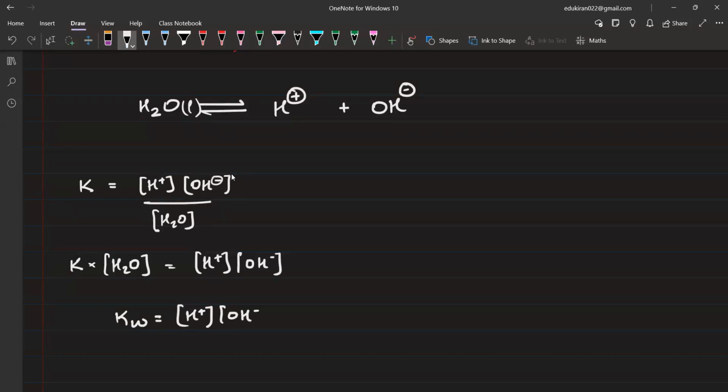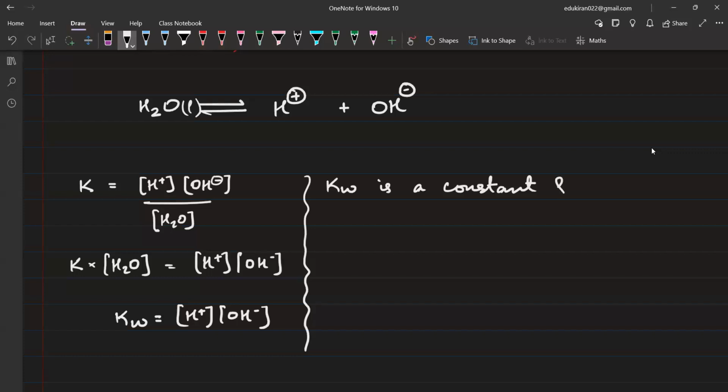Now, the value that is Kw is actually a constant for 25 degrees Celsius. So you'll write Kw, first of all, is a constant and is determined experimentally.